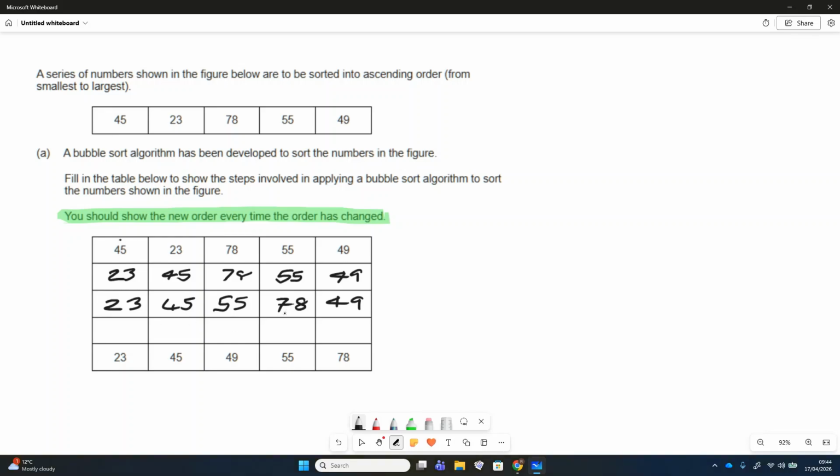So then we're going to compare 78 with 49, and there is a change there, 49 and 78. And again, we're just going to write the other numbers in as they are, just like this.